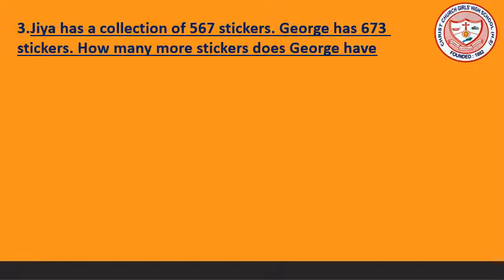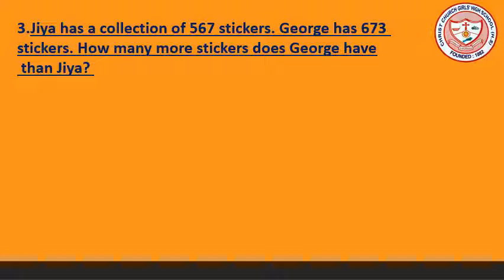Question number 3. Jia has a collection of 567 stickers. George has 673 stickers. How many more stickers does George have than Jia? So children, here we have to find out how many more stickers does George have than Jia.